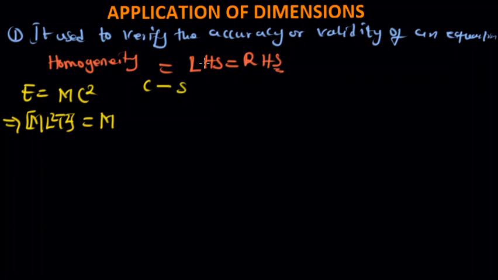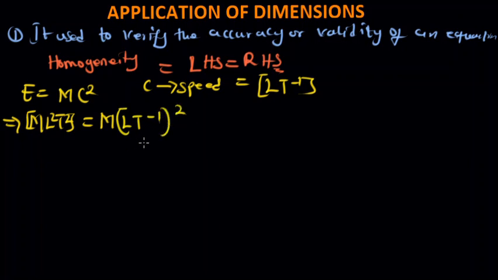So c is speed, which has the dimension LT^-1. We have already looked at that in the first video. So if we bring that here, then we have the dimension LT^-1. But there's a square here, so let's square both of them.